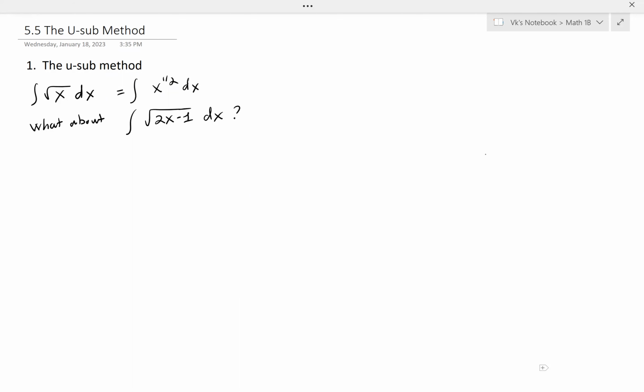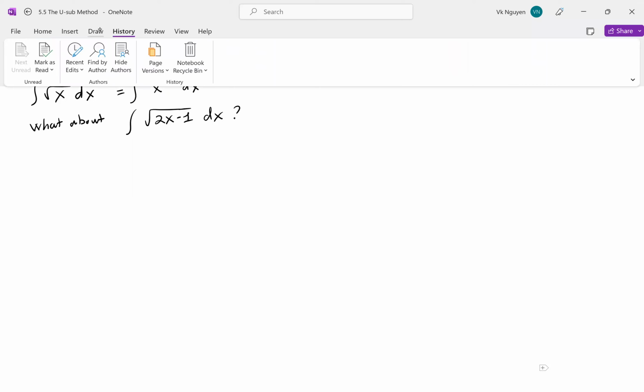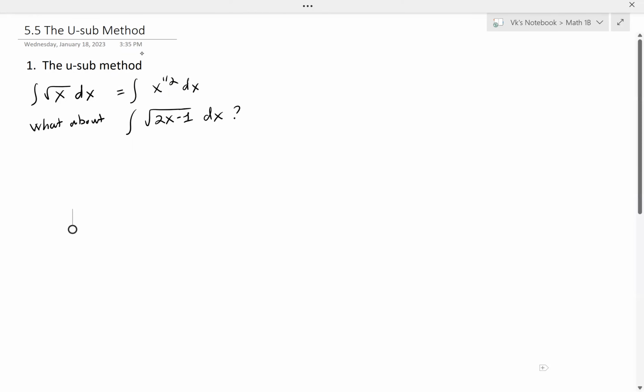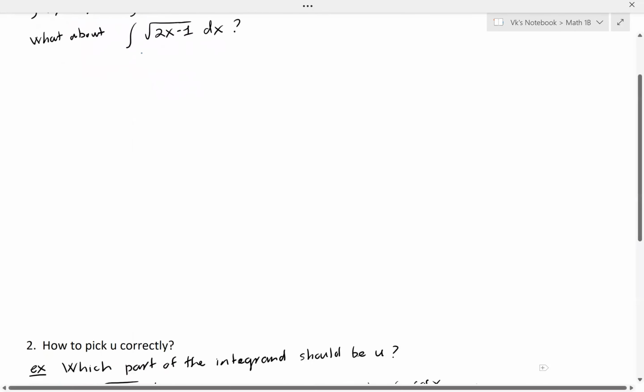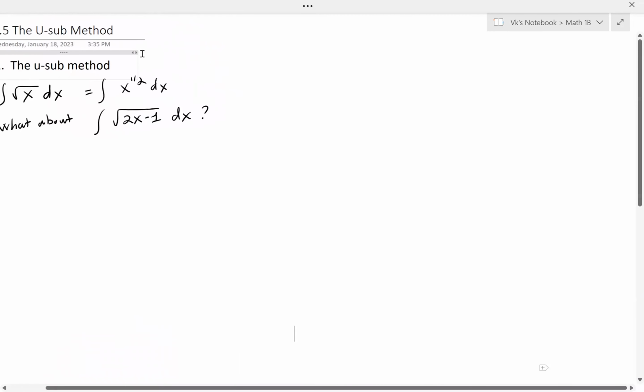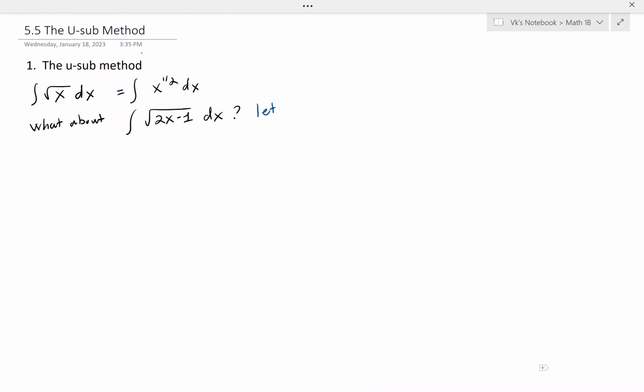And the way to do this is somehow we got to rewrite the 2x minus 1 here as u. So that is, we're going to let u equal to 2x minus 1.